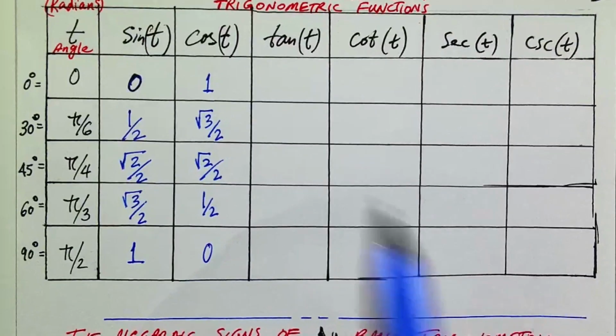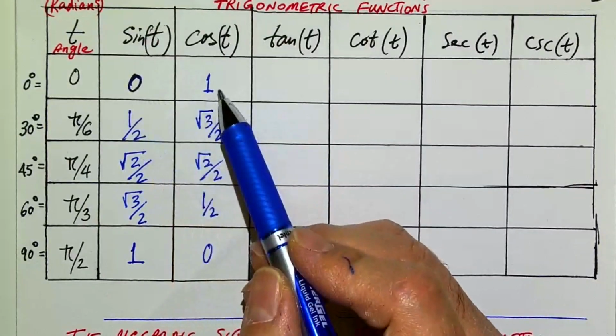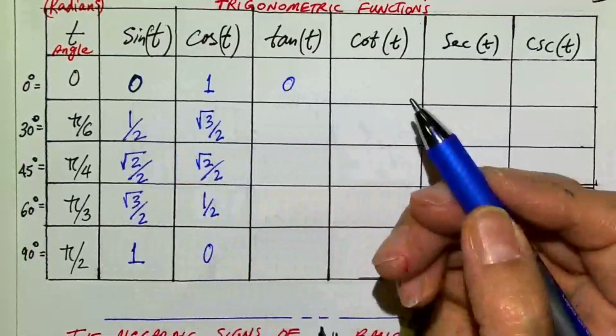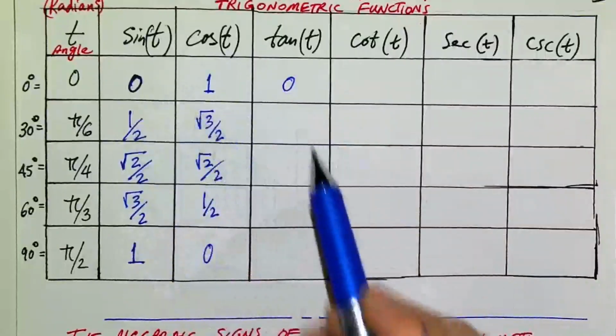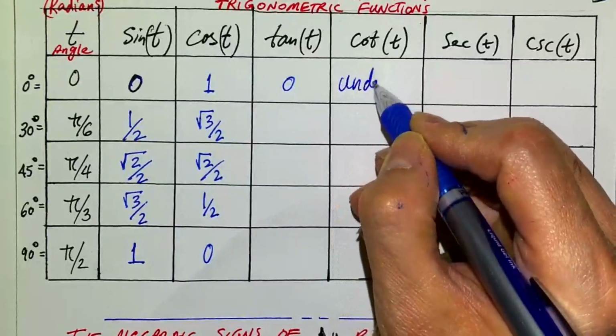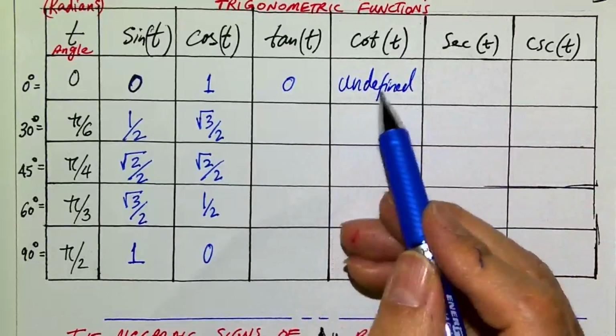Okay, so tangent is sine over cosine, so that'll be 0. 0 divided by 1, 0. That's what I'm saying. Once you know these two columns, you can calculate all of this. So this will be undefined, right? Do you know why? Why is this undefined?